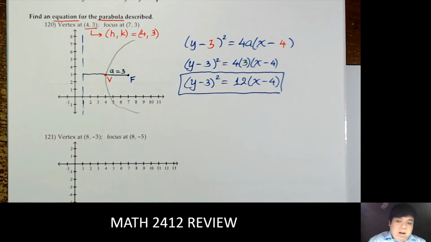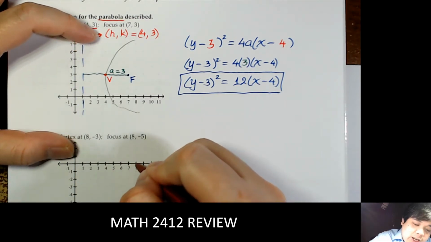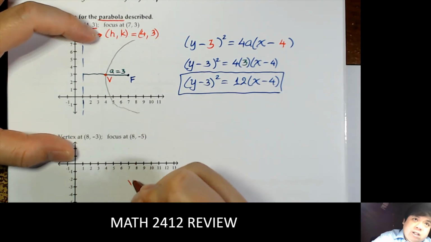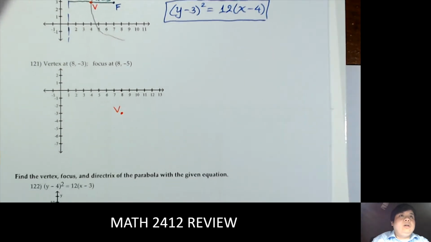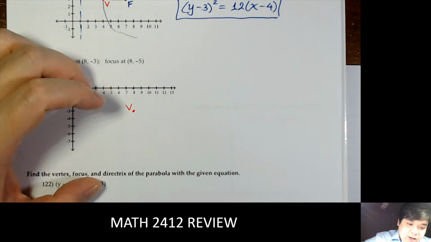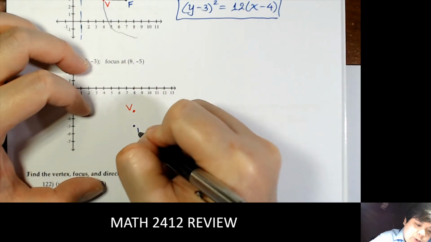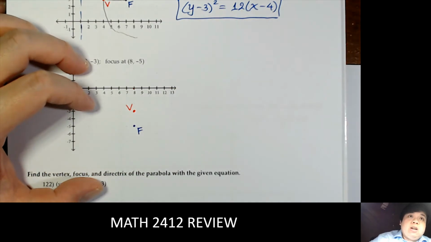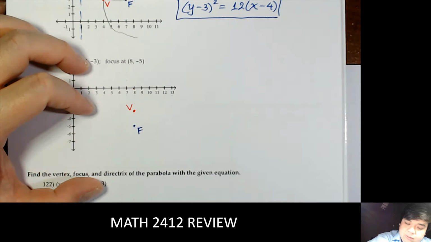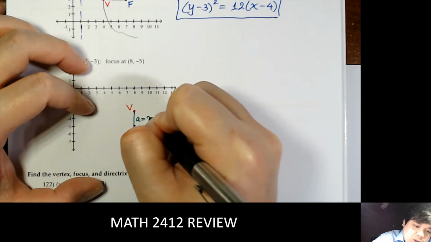Next we also have a parabola. The vertex is 8 and negative 3, x equal to 8, y equal to negative 3. So that is the vertex. The focus is at 8 and negative 5, x equal to 8, y equal to negative 5. So that is the focus. The distance between the vertex and the focus is a, equal to 2.